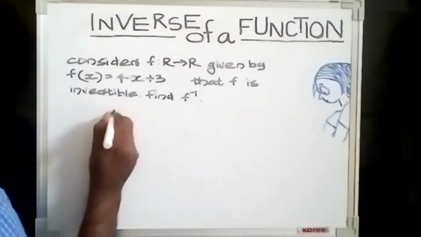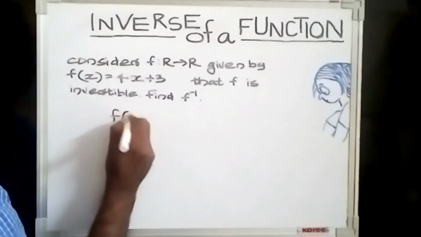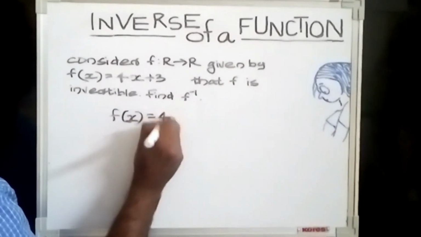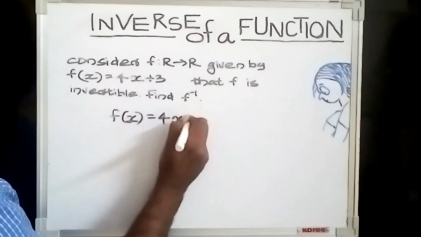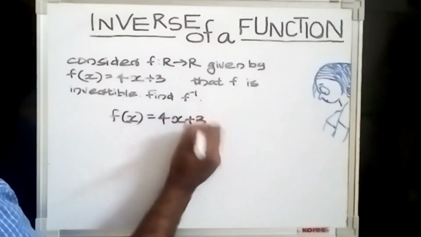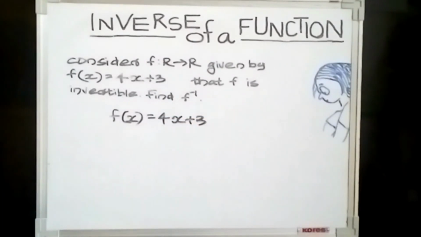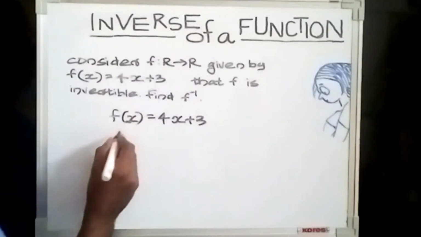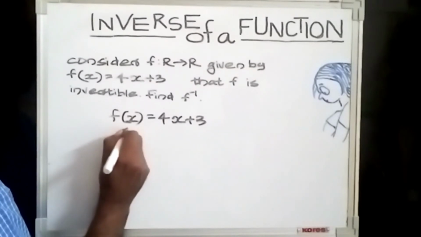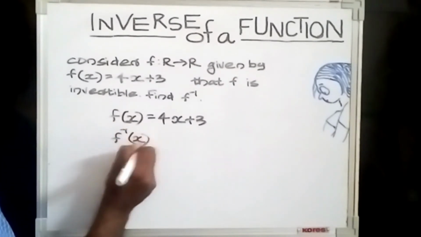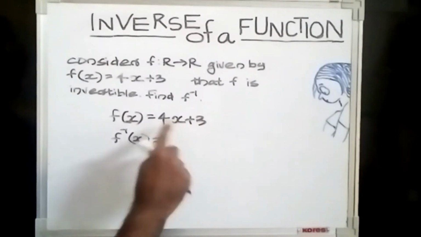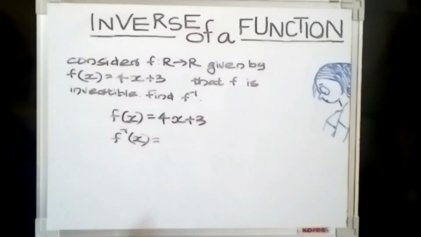I am not going to do the problem, but we can get the answer simply. We would have to prove that the function is 1-1 and onto, but we are trying to guess the answer. F of x equal to 4x plus 3. What is f inverse of x? The activity is that first x is multiplied by 4 and then 3 is added.